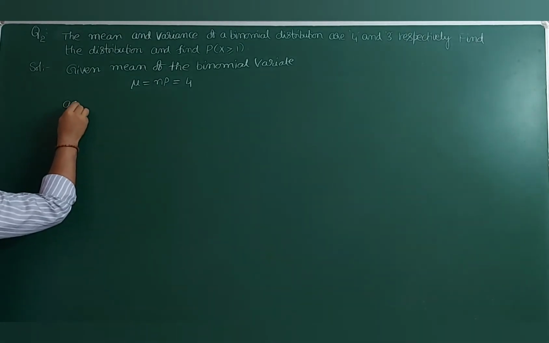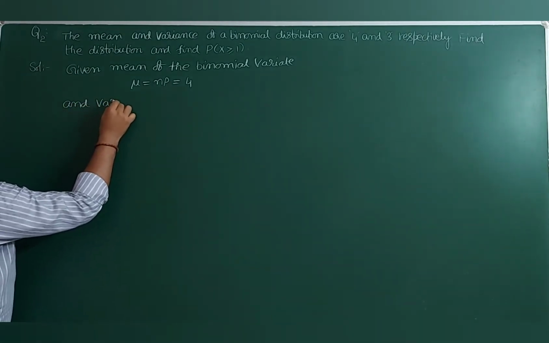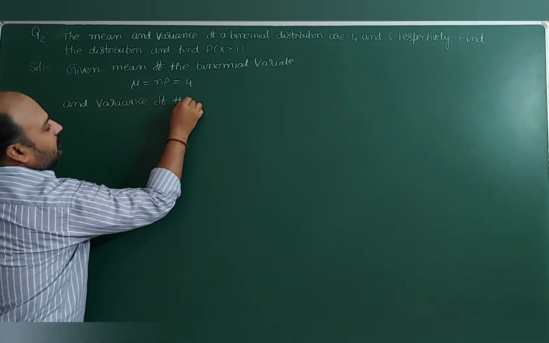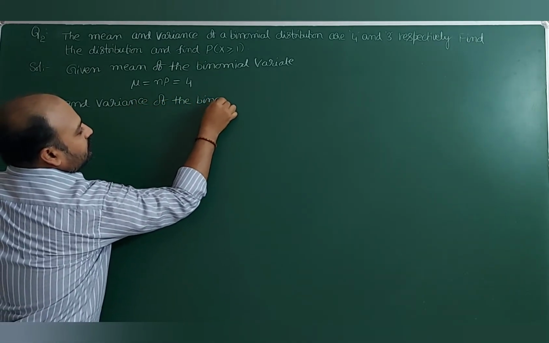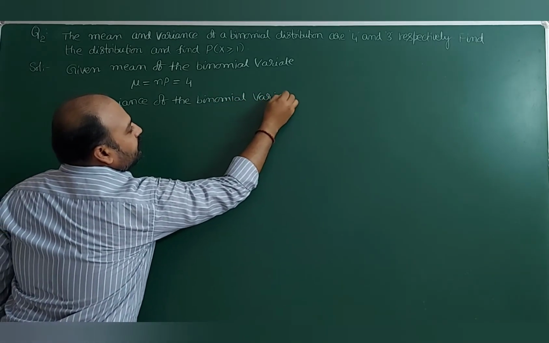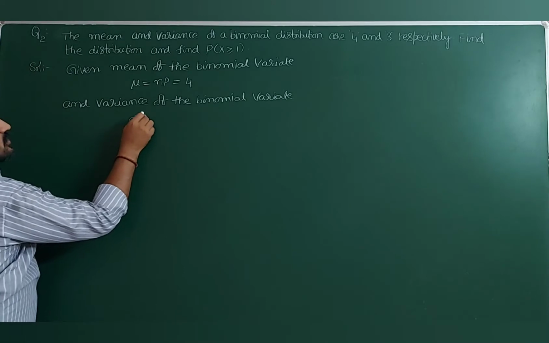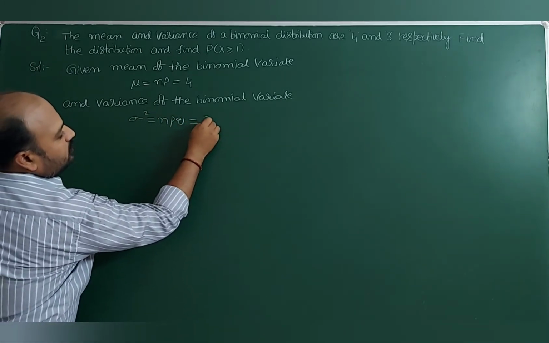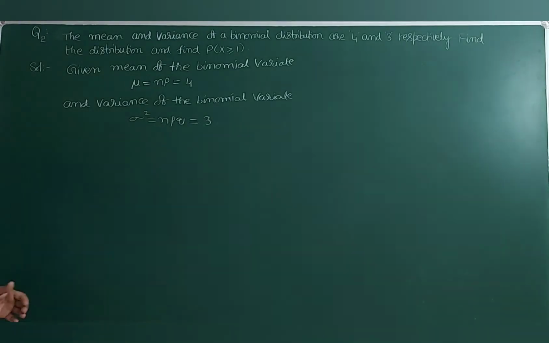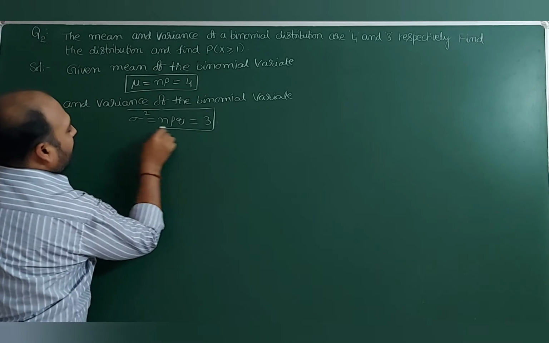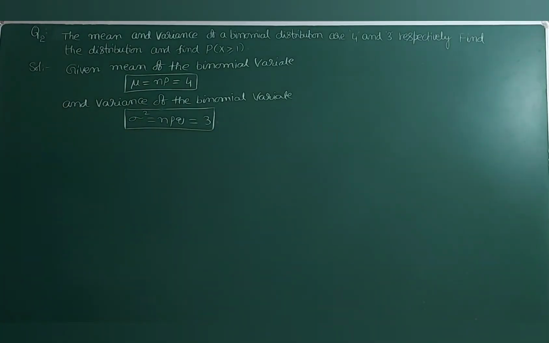And variance of the binomial variate, sigma square is equal to npq is equal to 3. So mu value is there and sigma square npq is equal to 3.